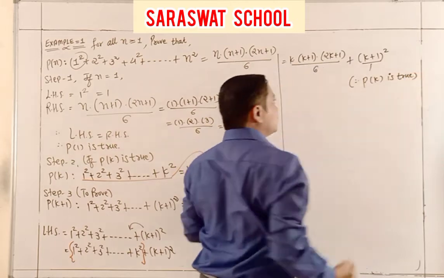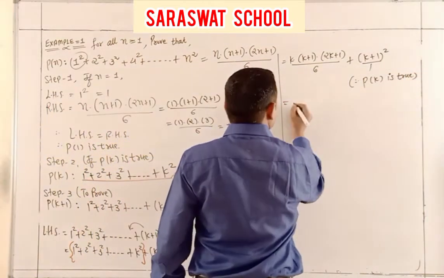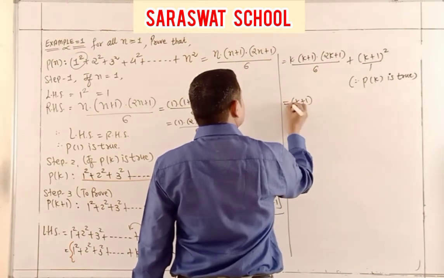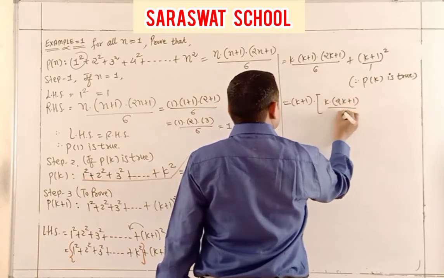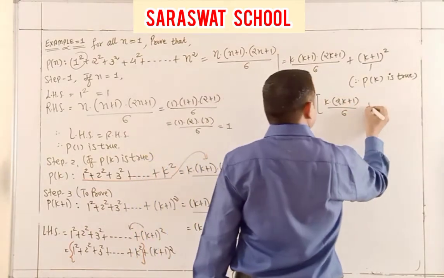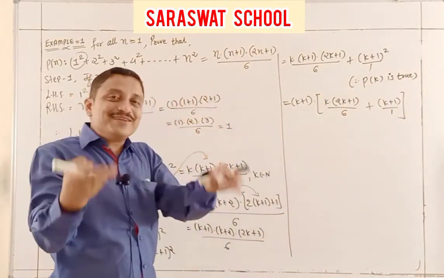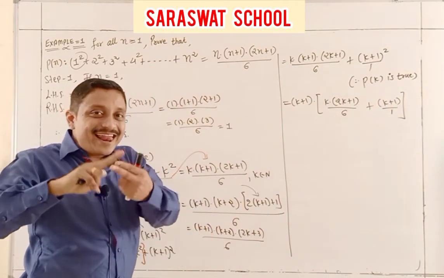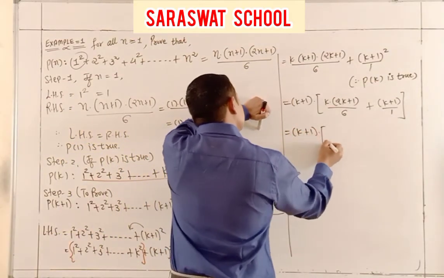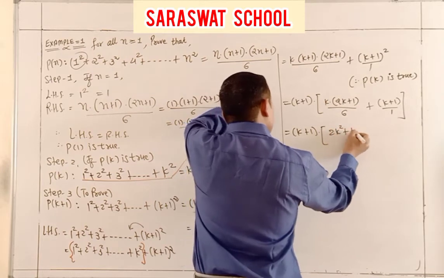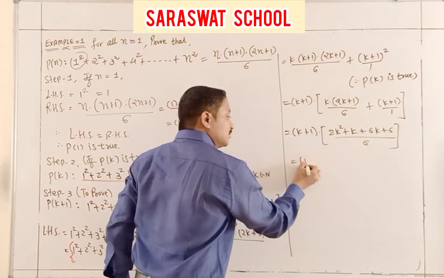Now we take the common. So what is the common? k plus 1 is common. Remaining is k(2k plus 1) by 6 and here only k plus 1. Students, now you simplify by taking LCM. So k plus 1 as it is, and here 2k square plus 6k plus 6 by 6. I hope you understood.